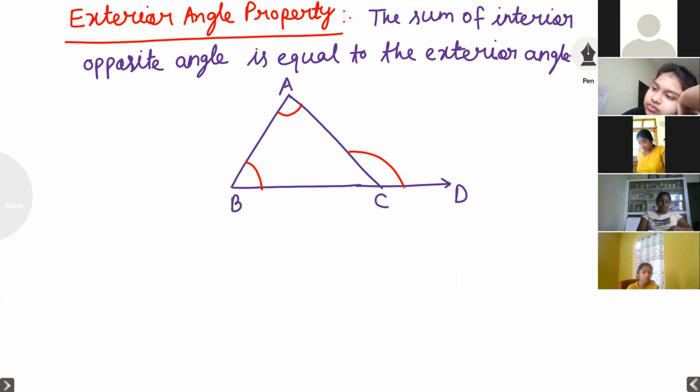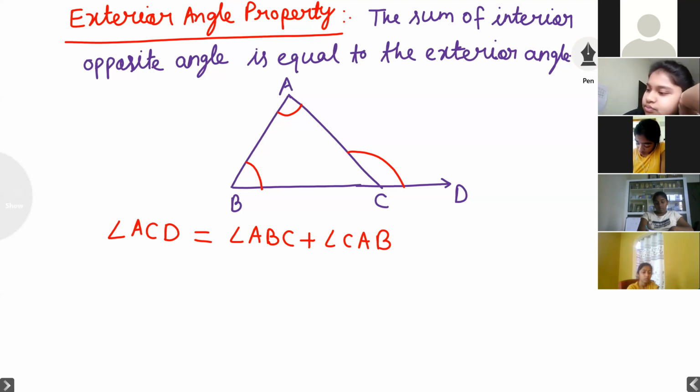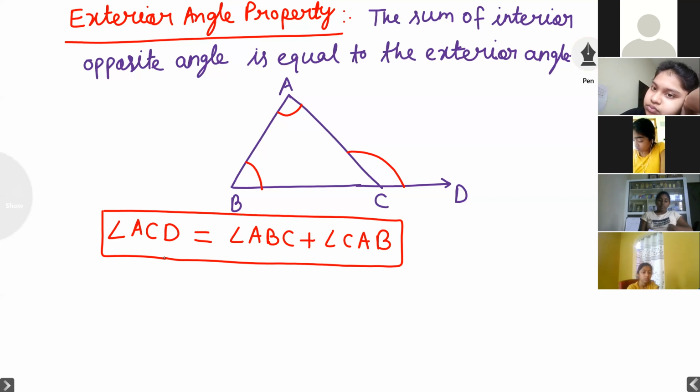Angle ACD, capital letters, is equal to the inside angle ABC, the middle angle, plus angle CAB. Angle C means the outside angle, B means inside, A means inside.